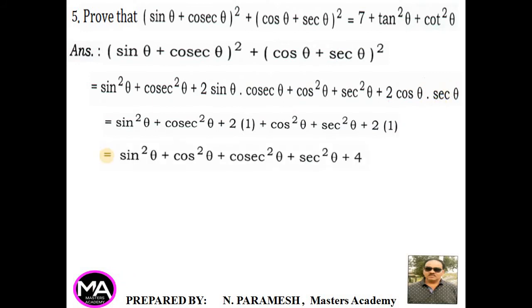Grouping, sin square theta + cos square theta + cosecant square theta + secant square theta + 2 + 2 = 4.